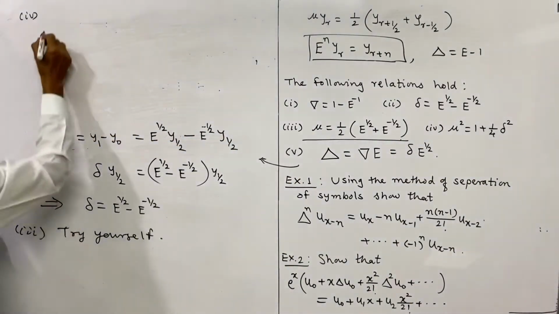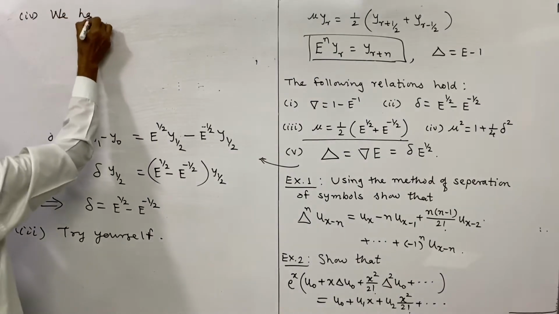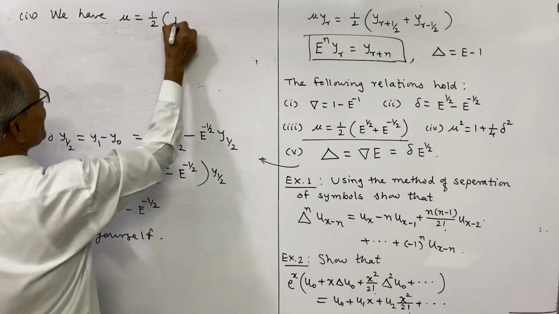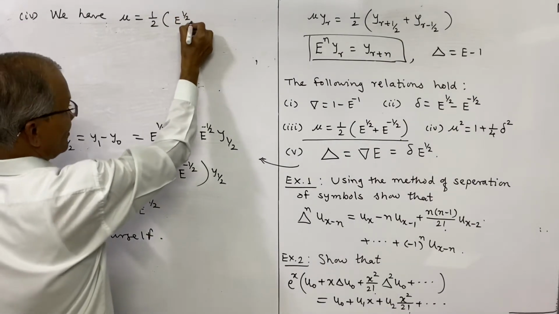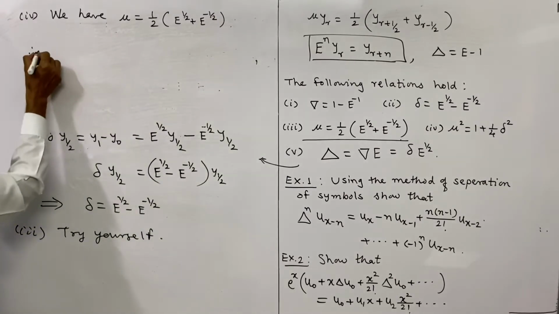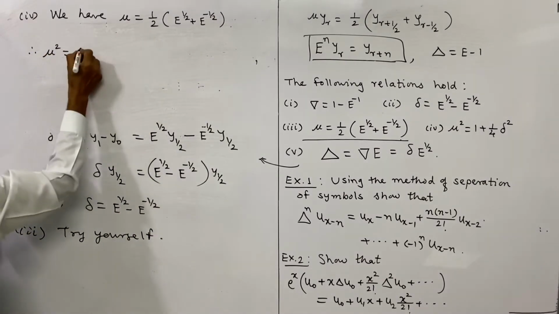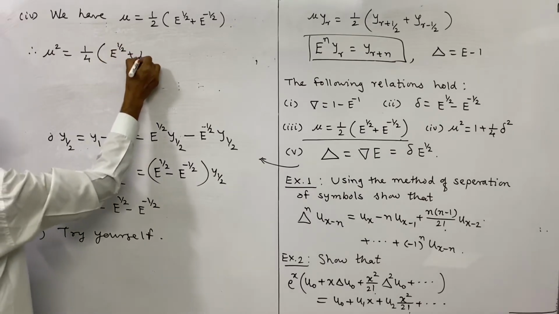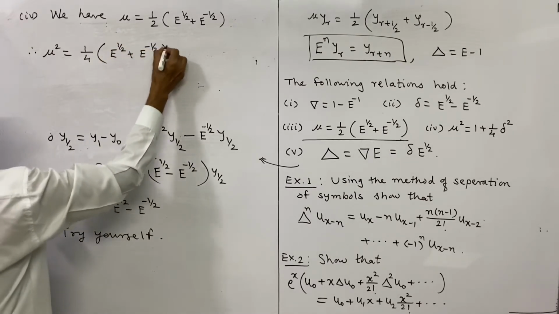We have mu is equal to half in bracket e to the power half plus e to the power negative half, and therefore what will be mu squared? Mu squared will be the square of this, which is 1 by 4 times e to the power half plus e to the power negative half, whole squared.